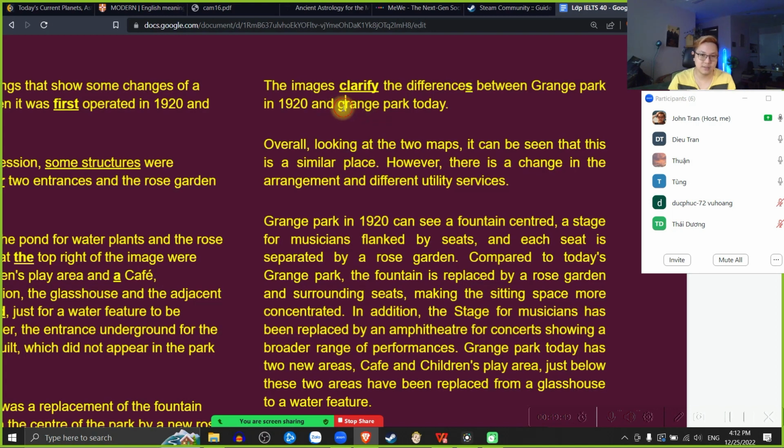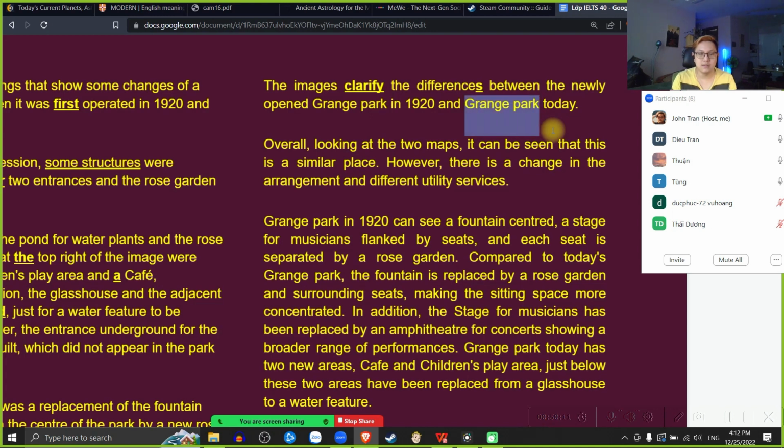And Grange Park today. Nhưng mà em lại quên cái chỗ này, là quên cái vụ lúc mới mở. Between the newly opened Grange Park in 1920, and today.